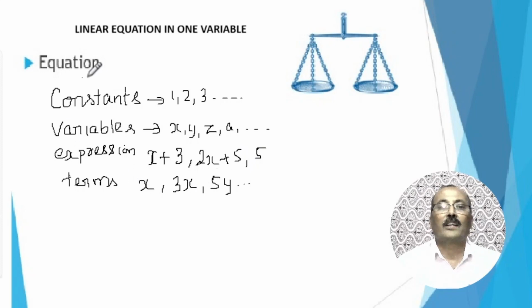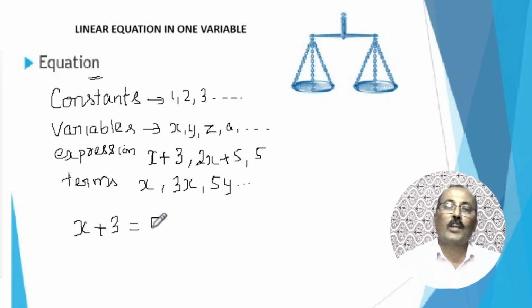Now let's come to our equation. What is it? Equation means when two expressions, x plus 3 and 5, are equated. When both are equal, I took a small example: for what value of x will the left hand side be equal to the right hand side?